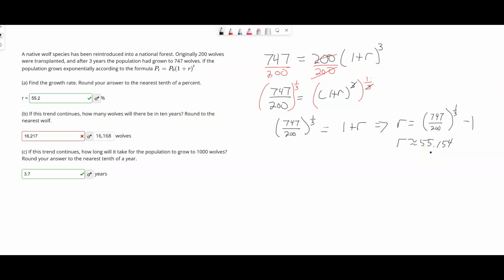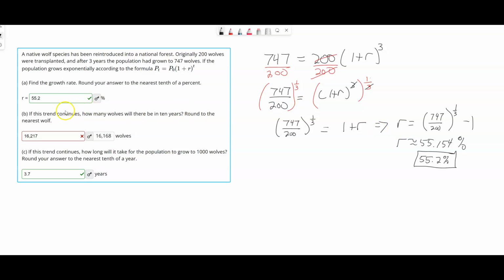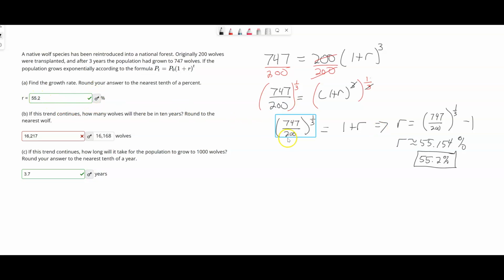And then we want to round to the nearest tenth of a percent, so that would be 55.2. The purpose of rounding is because they asked a specific rounding question. Here we see the 55.2 is the correct answer. However, it's not the answer I want to use for the rest of the problem.